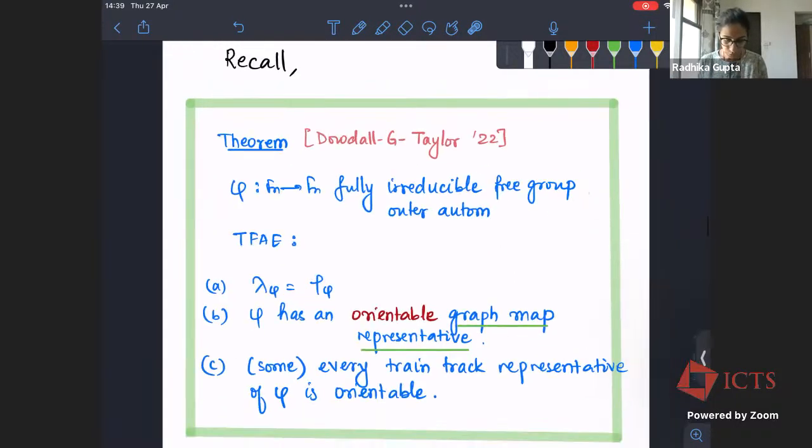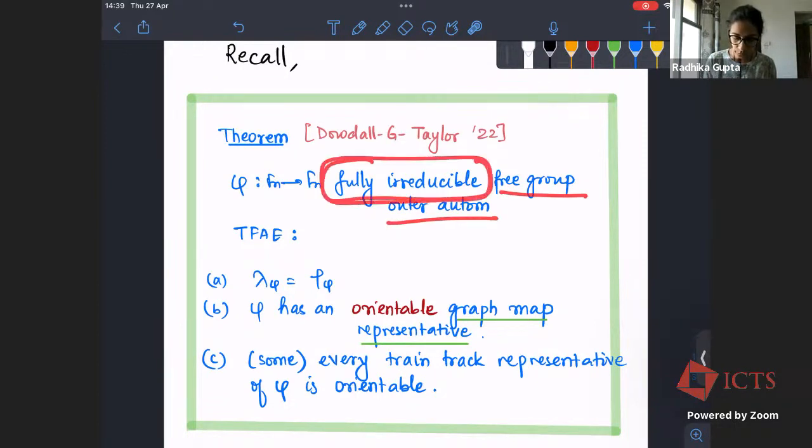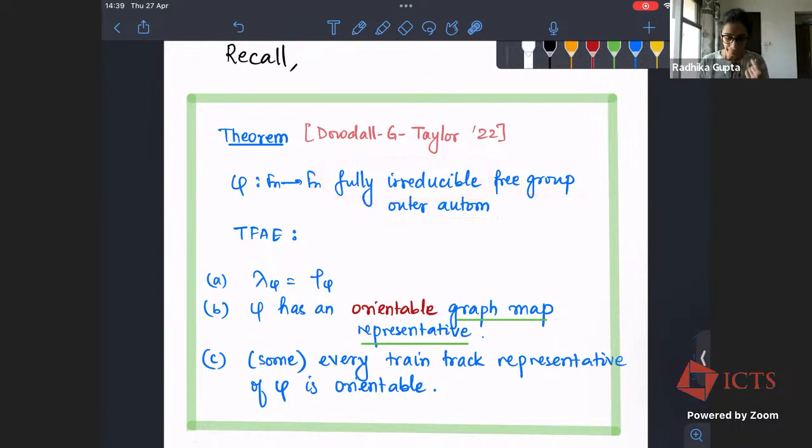So let me show you our result again and put it in context. Our result was that if you have a free group automorphism, a special kind, this fully irreducible, this mixing thing, then these two numbers, the homological stretch factor and geometric stretch factor, are equal if and only if I can find some graph map representative, some graph map whose induced map in pi1 is free, that is orientable.